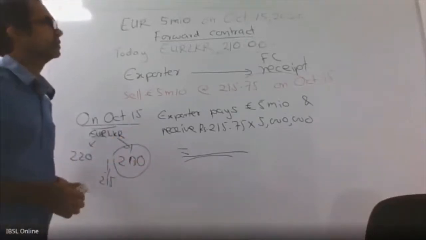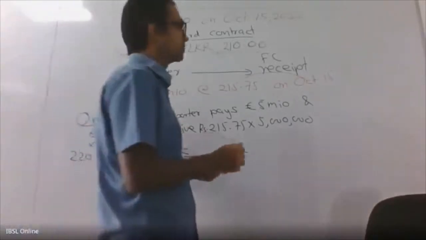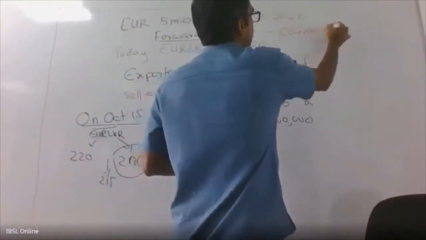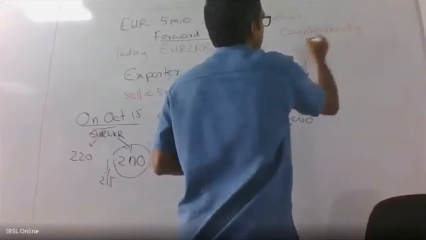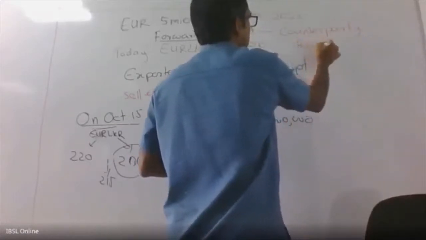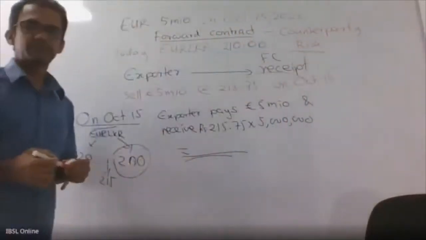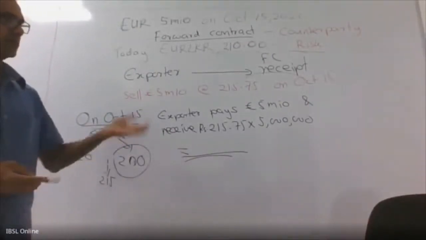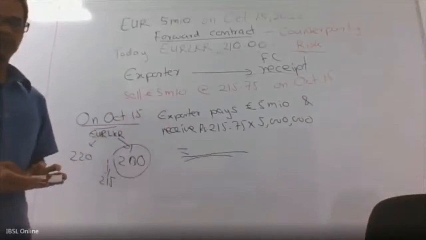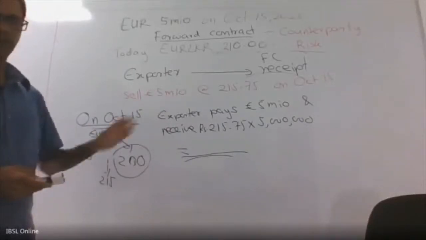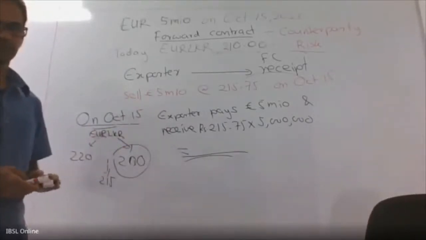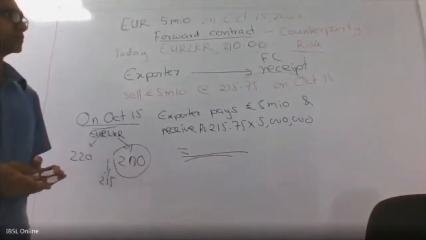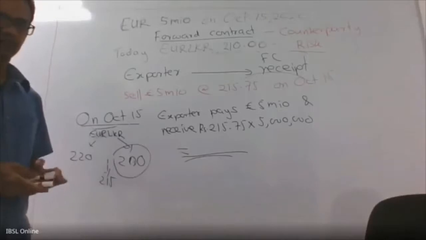So in the forward contract, one of the risks is counterparty risk. That is, we have a doubt whether the other party will meet its obligation on the due date. That risk is there. So you don't enter into a forward contract with anyone.